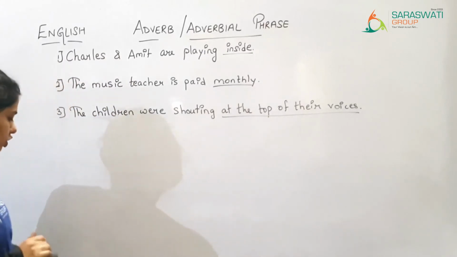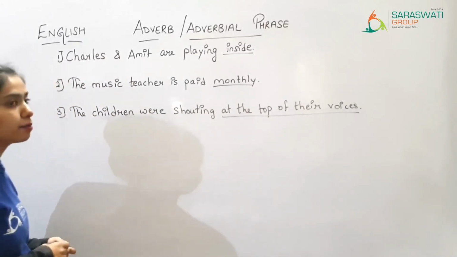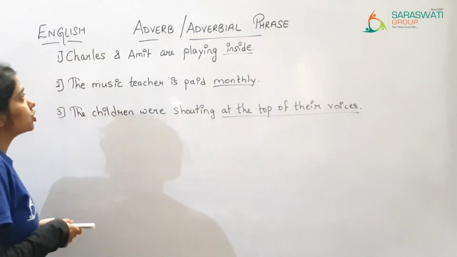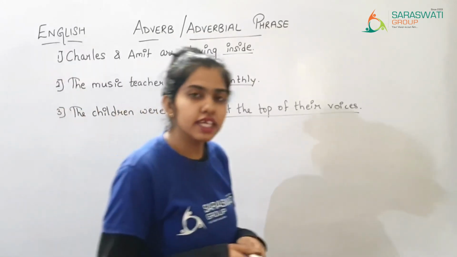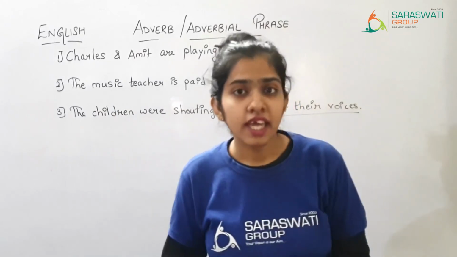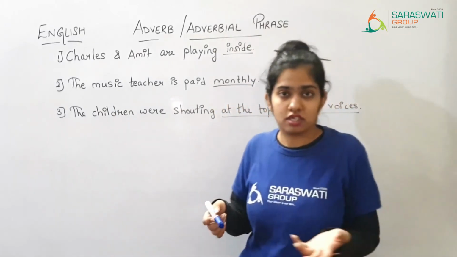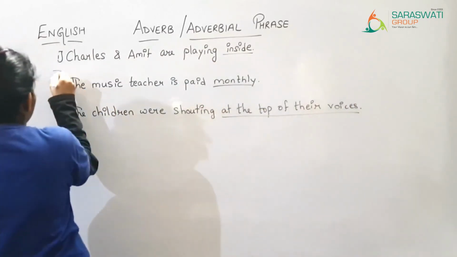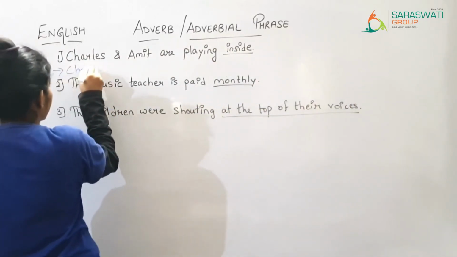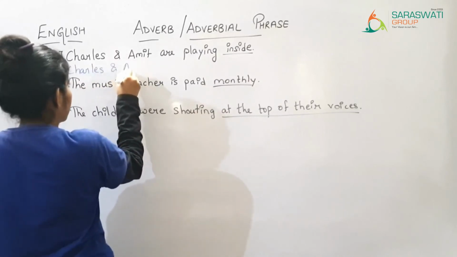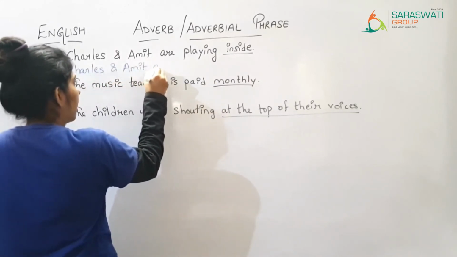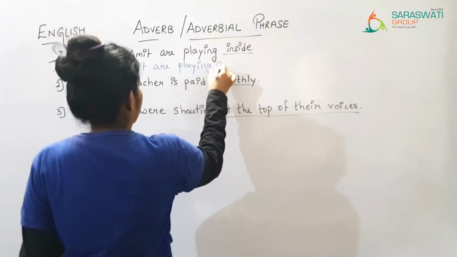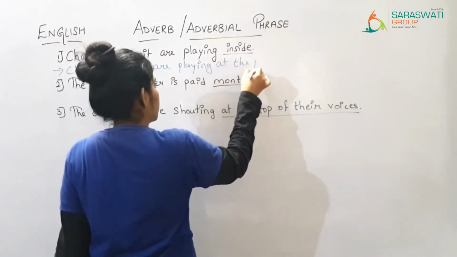So we can write over here: Charles and Amit are playing at the park, or else we can write: Charles and Amit are playing at the friend's house, right? You can write anything. Charles and Amit are playing at the park.